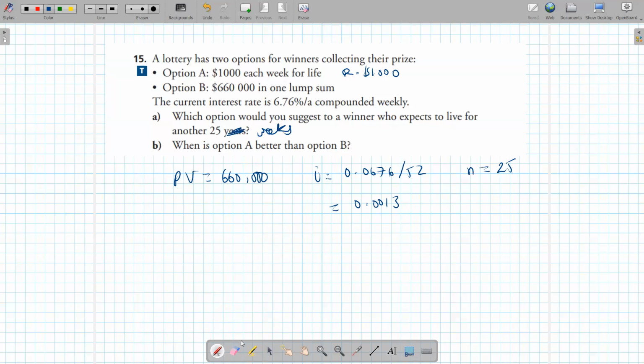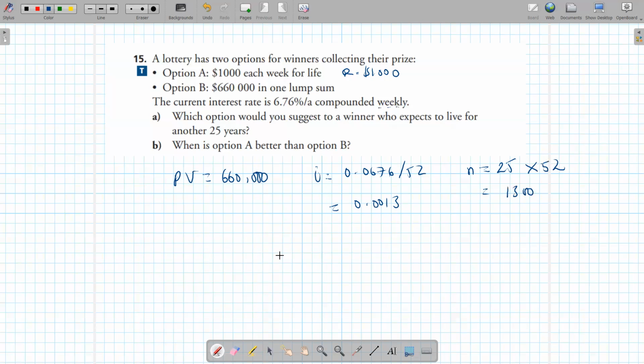N would be 25, okay? But this says years. It's being compounded weekly. So what do we do with the 25? You multiply by 52, okay? We want to find out how many weeks are there in 25 years, and it's going to be 1,300 weeks. Cool.